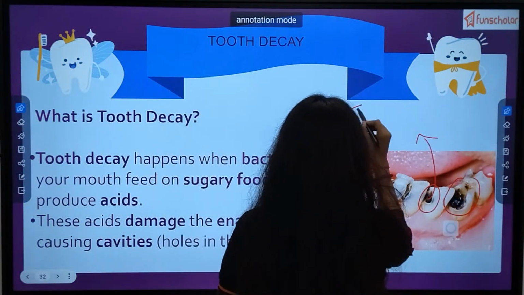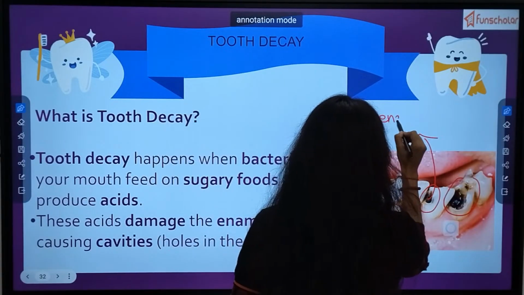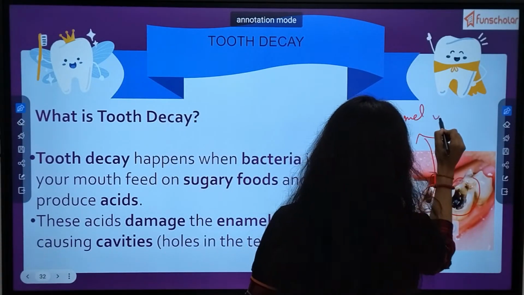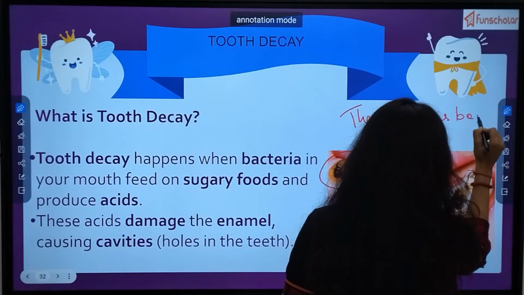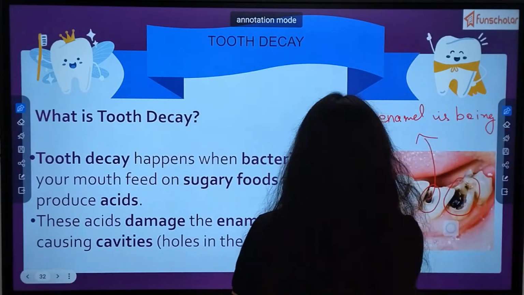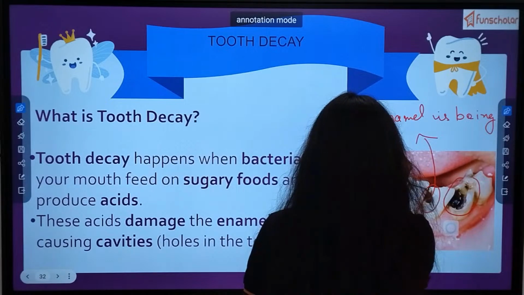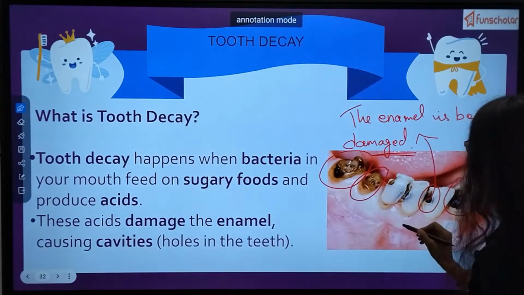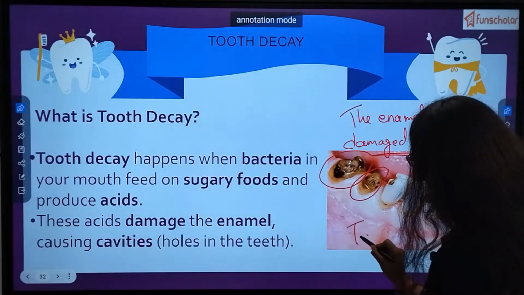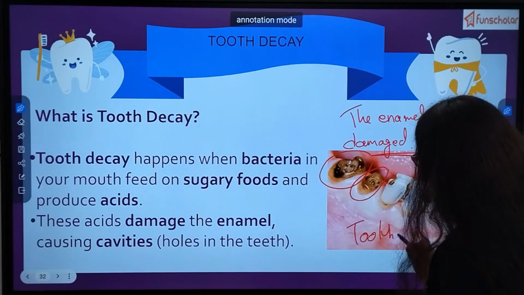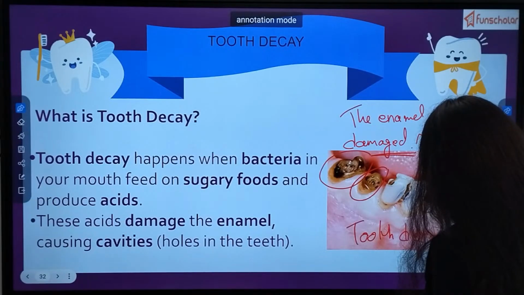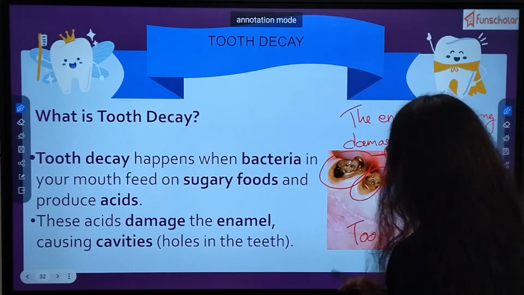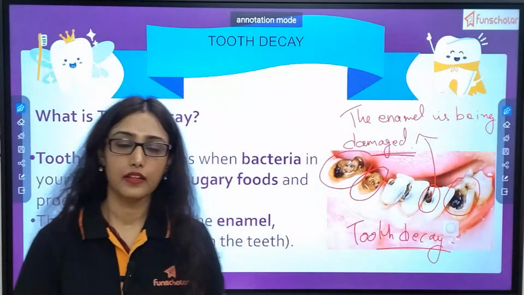The enamel is being damaged, and this leads to what? This is tooth decay.